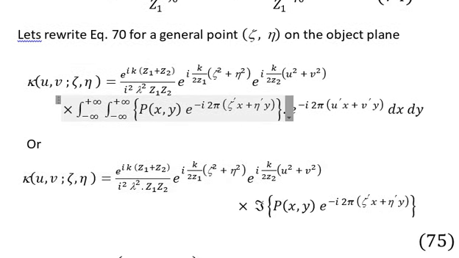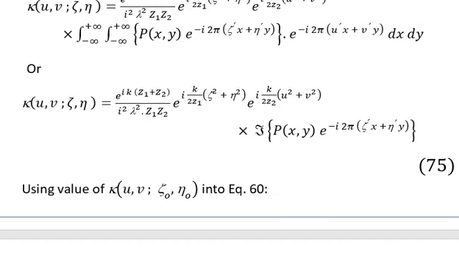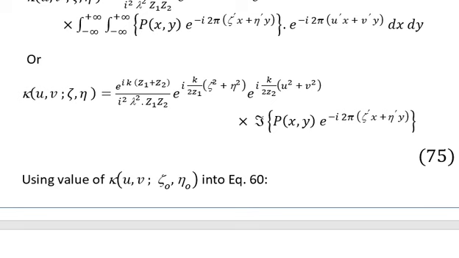Or we can write it in the Fourier transform form as given in the second step in equation number 75. So kappa on the left hand side is a function of more general coordinates u and v, and more general coordinates zeta and eta, where the point source is present at the coordinates zeta and eta, any point source anywhere at any location of zeta and eta, and then kappa will give you the image point field at the image plane as a coordinate u and v.